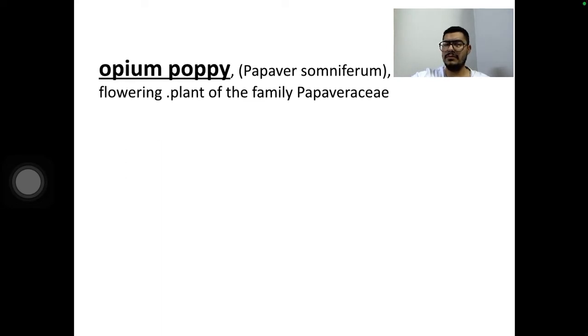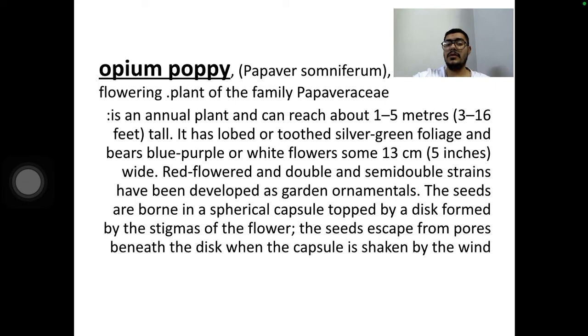Opium poppy, the scientific name is Papaver somniferum, a flowering plant of the family Papaveraceae. This plant is an annual plant and can reach about 1 to 5 meters in height.